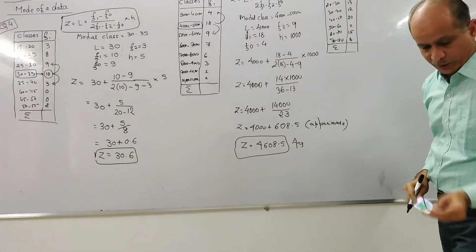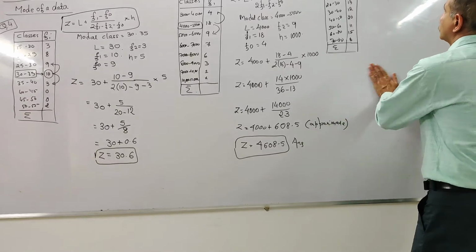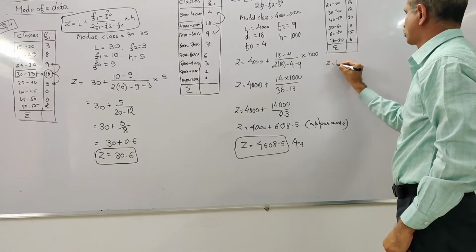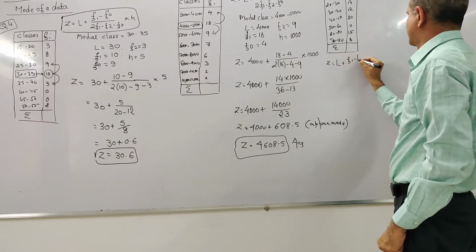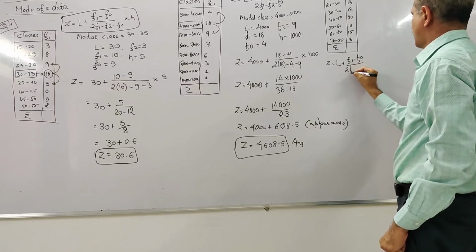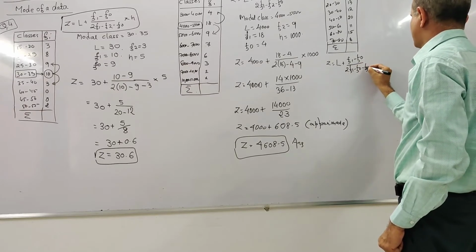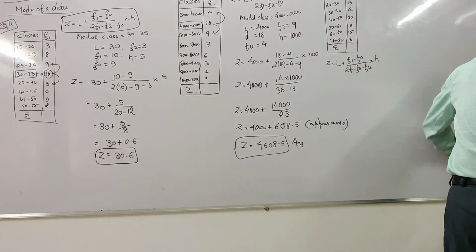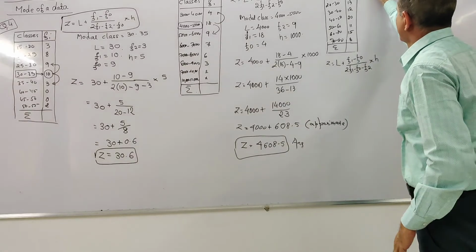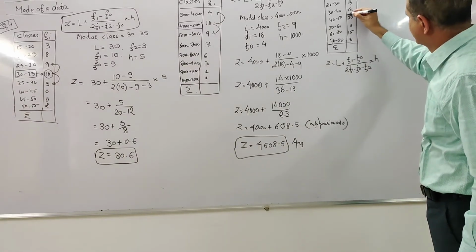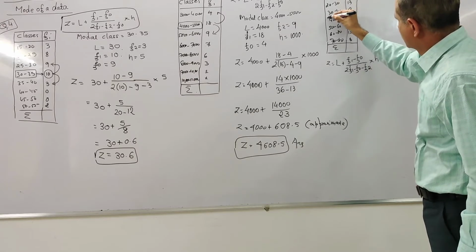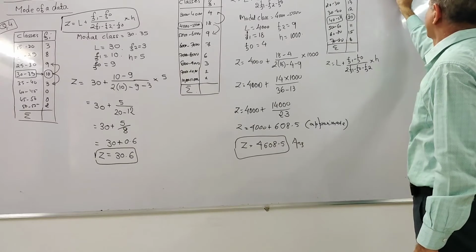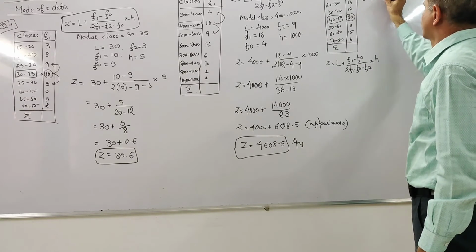Now your question is to find the mode of the data. You know the formula: Z is equal to L plus F1 minus F0 upon 2F1 minus F0 minus F2, into H. From this table, the maximum frequency is 20, and that's why the modal class is 40 to 50.